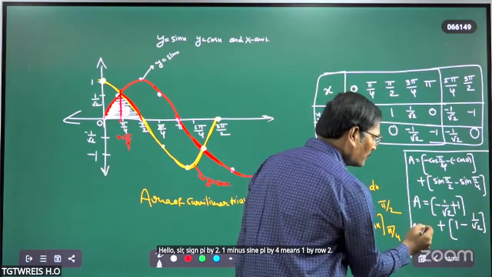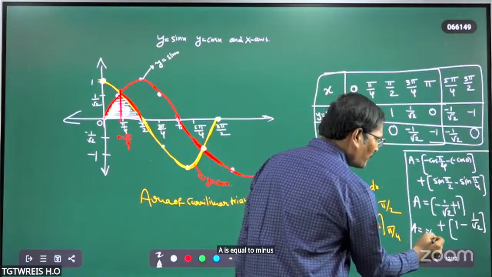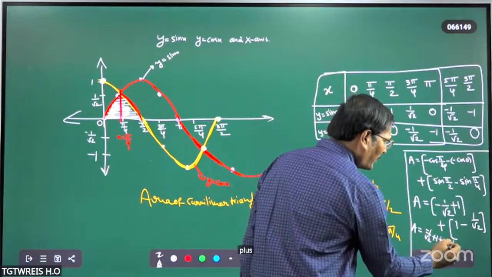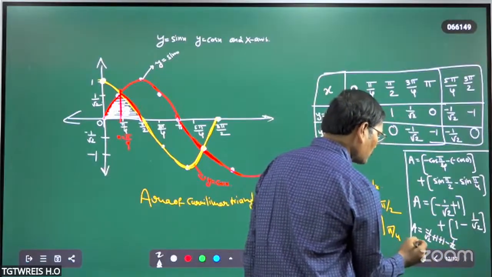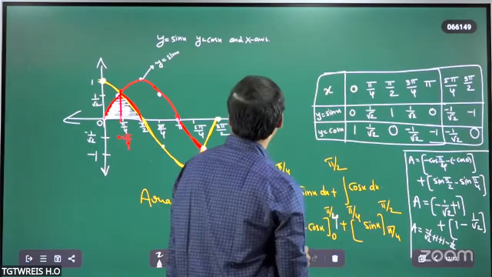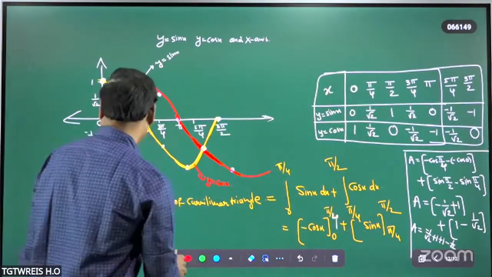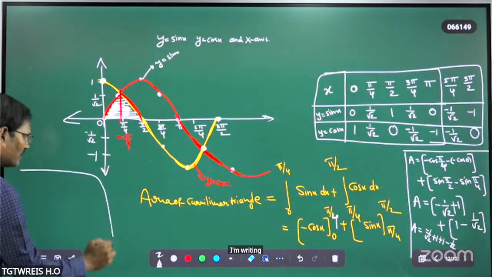A is equal to minus 1 by root 2 plus 1 plus 1 minus 1 by root 2. I'm writing here.